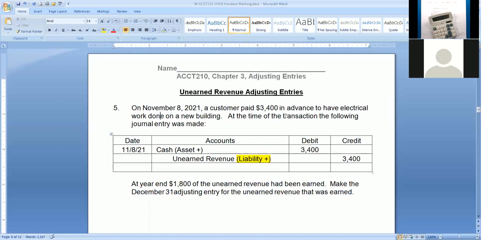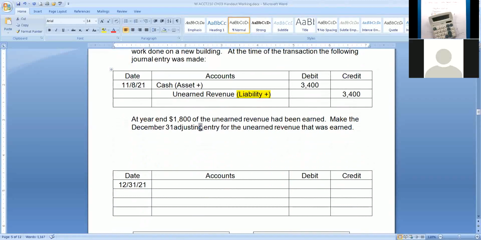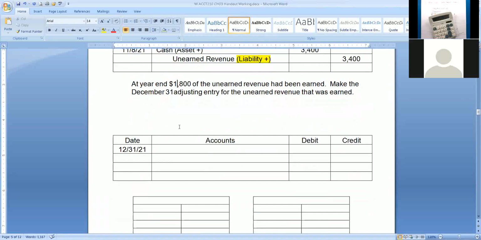Now, hopefully, we will do the work and earn that revenue of $3,400. So at year end, 1,800 of the revenue had been earned. So we didn't earn all of it, but we earned 1,800. So make the journal entry. Here's what we have.